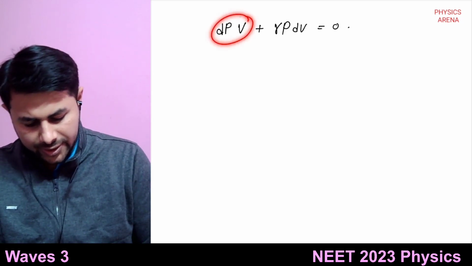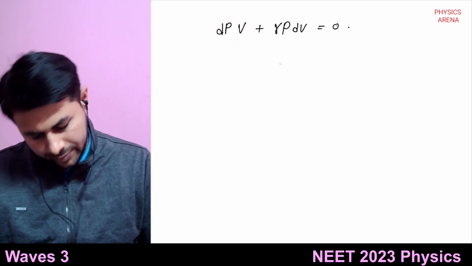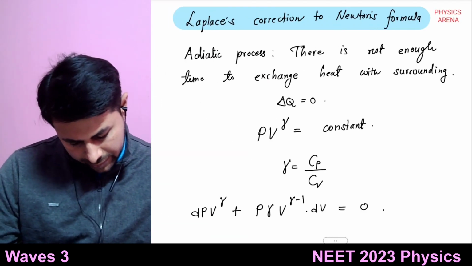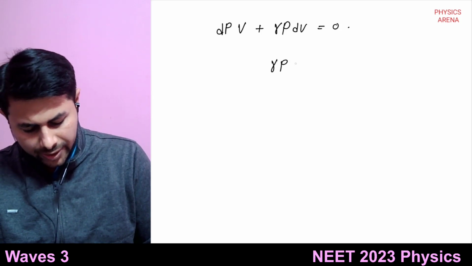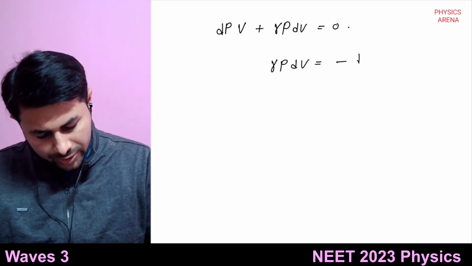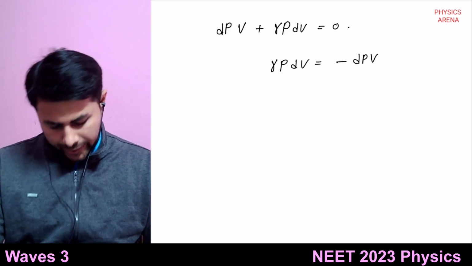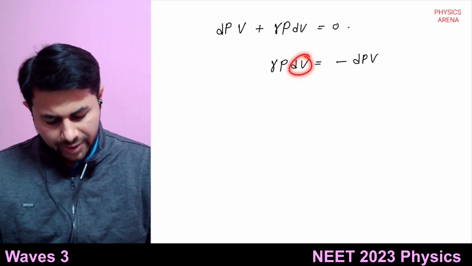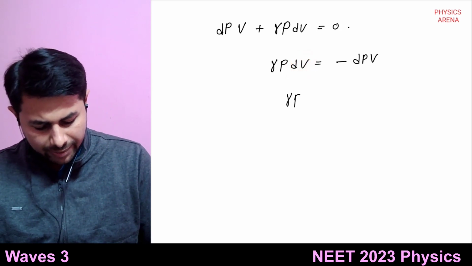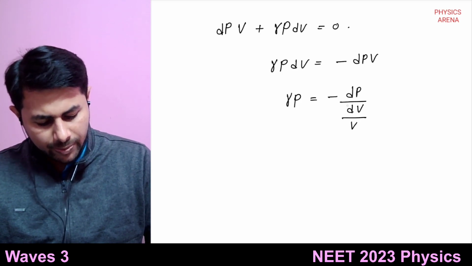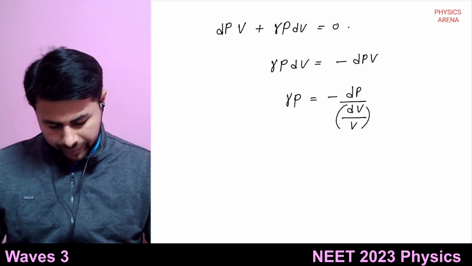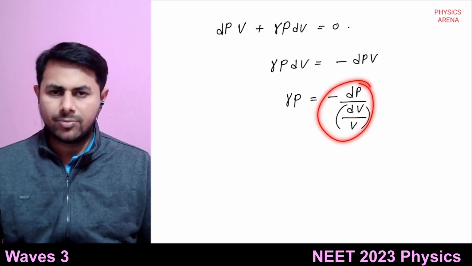Again you take this on the other side, so you get gamma times P dV is equal to minus dP into V. Then you divide by dV. So what do you get? Gamma times P is equal to minus dP upon dV upon V. This is the bulk modulus.